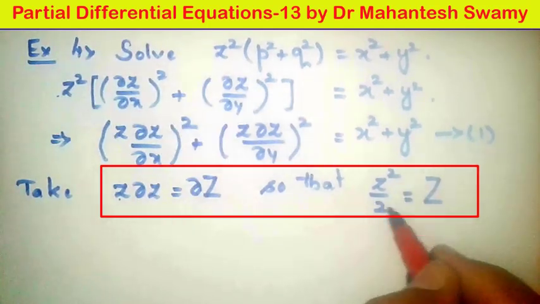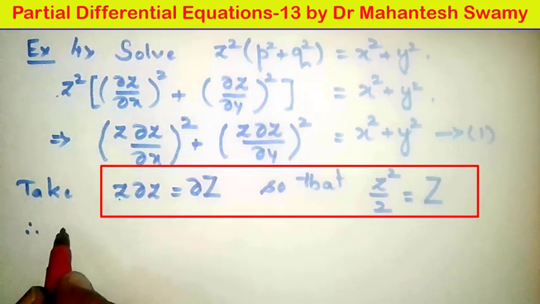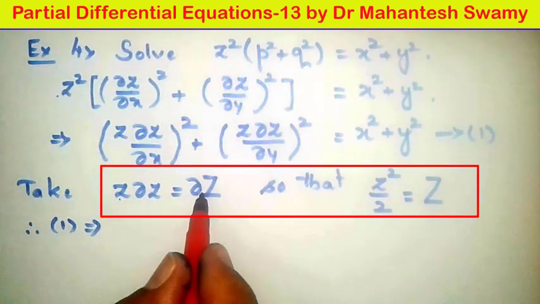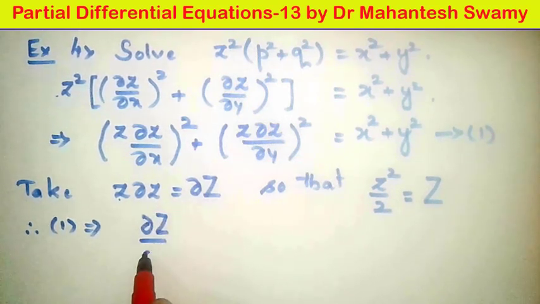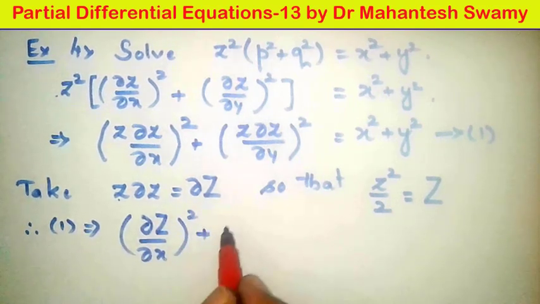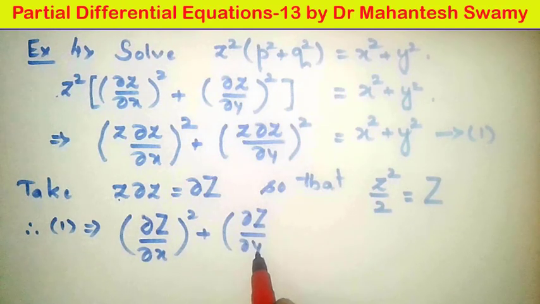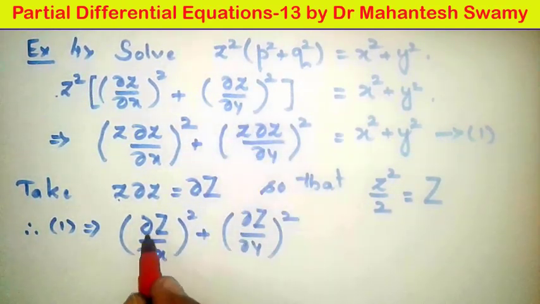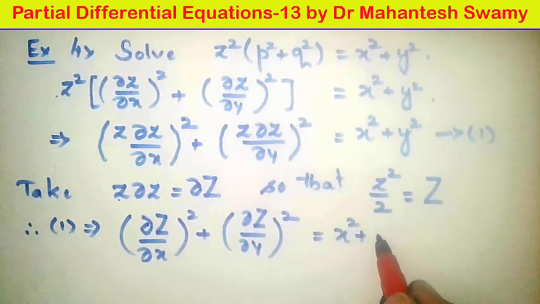After this substitution into equation number 1, in place of z ∂z, let us write (∂Z/∂x) whole square plus (∂Z/∂y) whole square, that is, we have written these two terms in a very simple way, equal to x square plus y square.